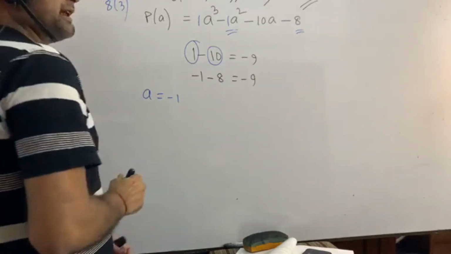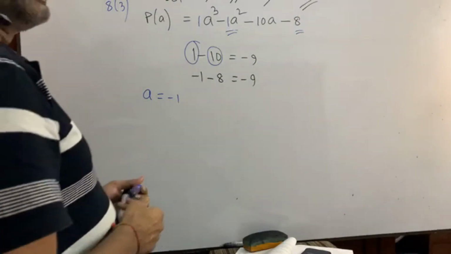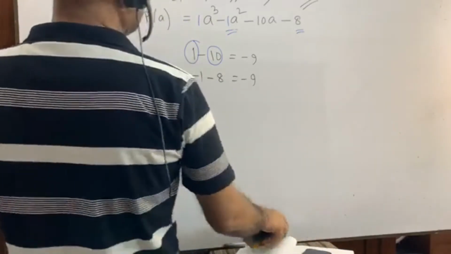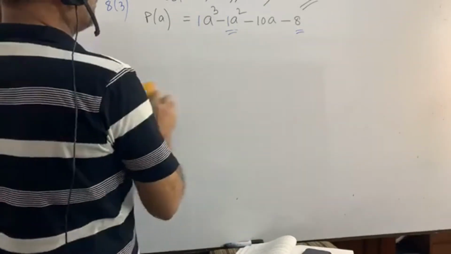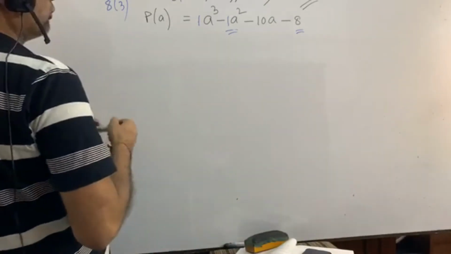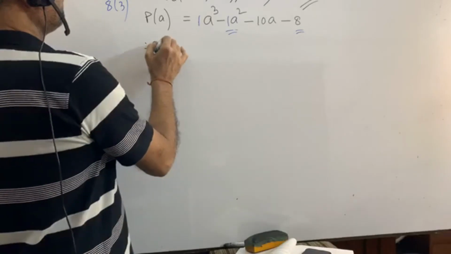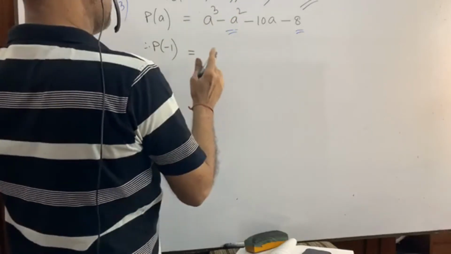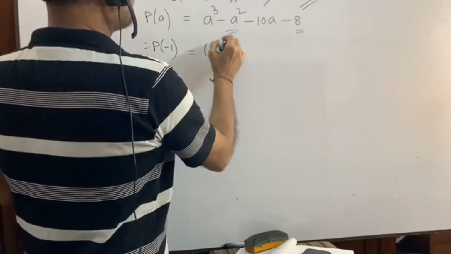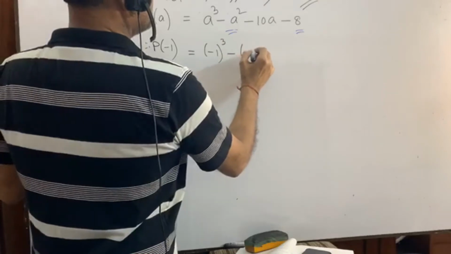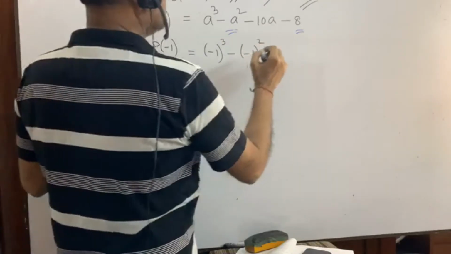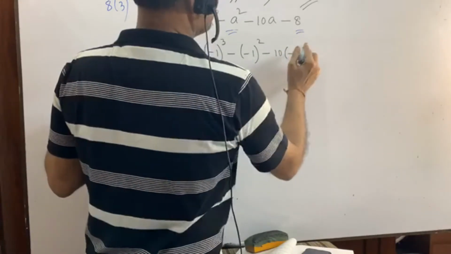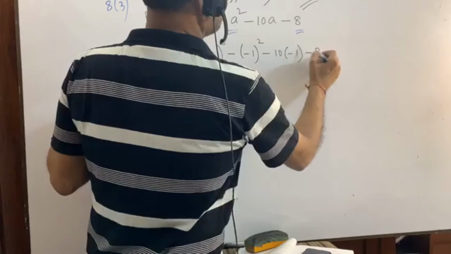So what are you getting? The sum of the even position coefficients and the sum of the odd position coefficients are equal. Then the value of a will be minus 1. So we can write here, p of minus 1 is equal to minus 1 whole cube minus minus 1 whole square minus 10 times minus 1 minus 8.